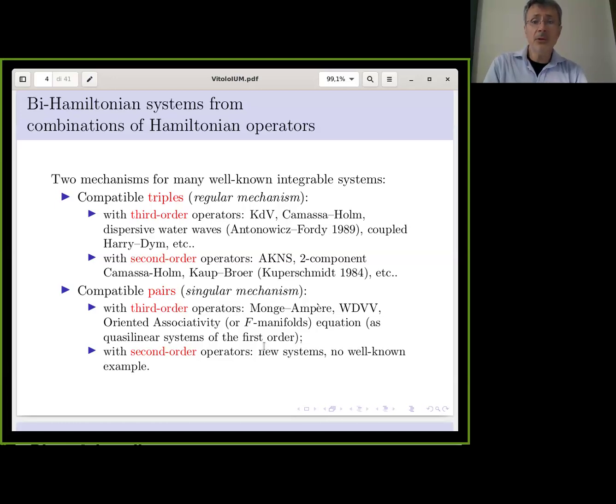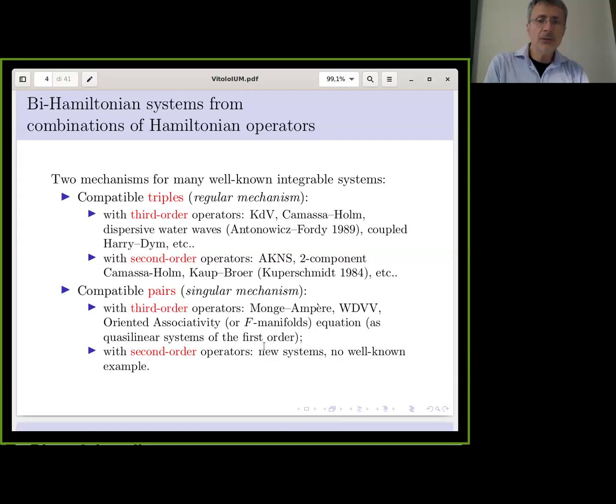When we have compatible triples, we have a host of examples, like the Korteweg-de Vries equation, Camassa-Holm, dispersive water wave systems, coupled Harry Dym, and so on. This with third-order operators. With second-order operators, we still have many examples: AKNS, two-component Camassa-Holm, Kaup-Broer, and so on.